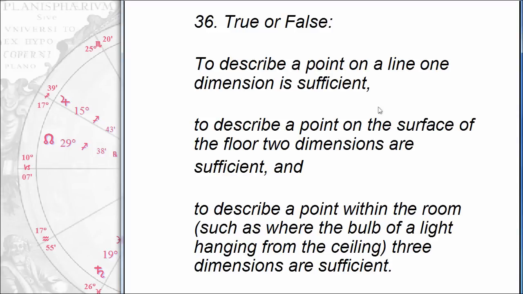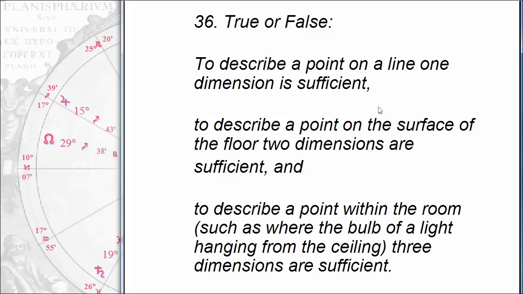Next question is, to describe a point on a line, one dimension is sufficient. So if you have a ruler, and your ruler is in centimeters, and you have 1 centimeter, 2 centimeters, I would just specify a point on my ruler and say I want 6 centimeters. That would be, we could call that one dimension.